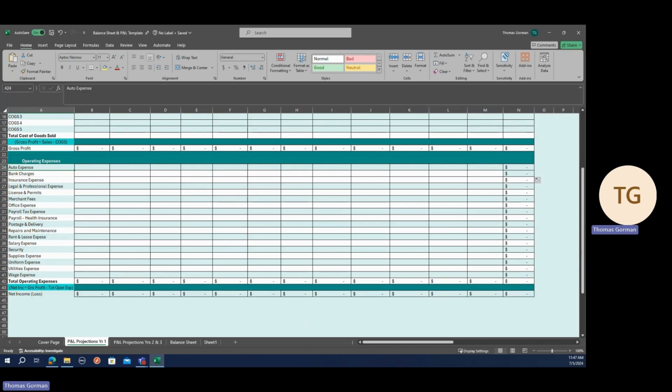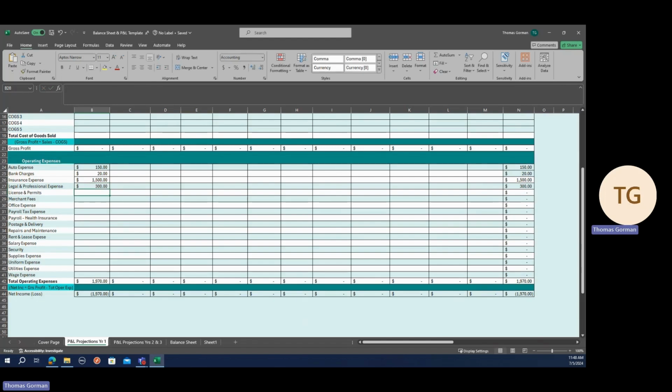So let's start by entering in these expenses. So auto expense, we've got 150. Bank charges, $20 a month. Insurance, $1,500 a month. Legal and professional, $300 a month.